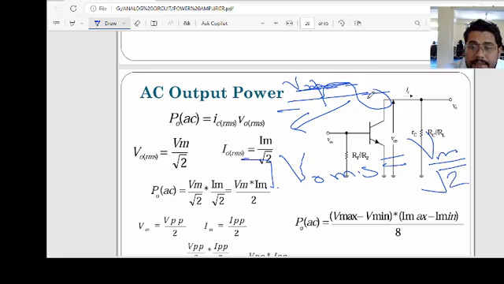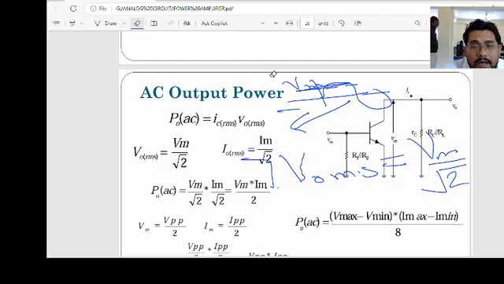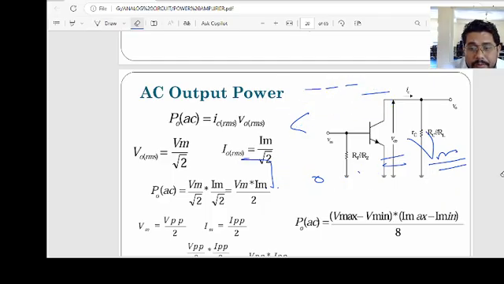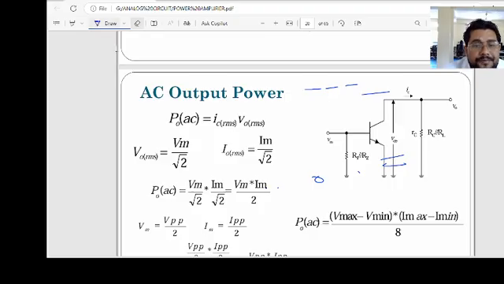This is for the full wave RMS amplifier. Similarly, current we can also calculate: IM, the maximum current, divided by root 2. So memorize it. IC is nothing but IM, maximum current, divided by root 2.